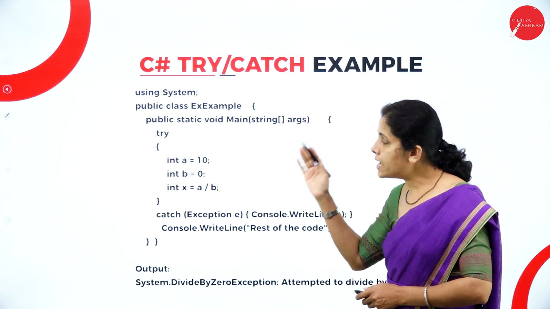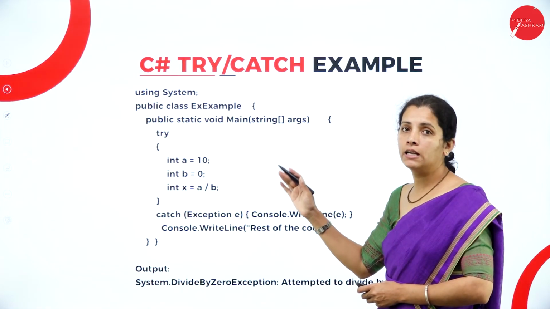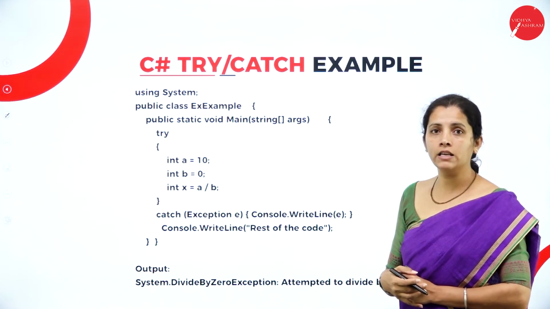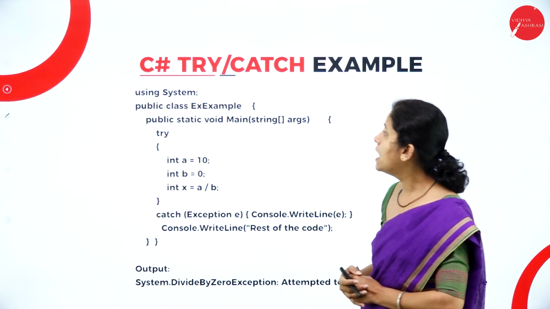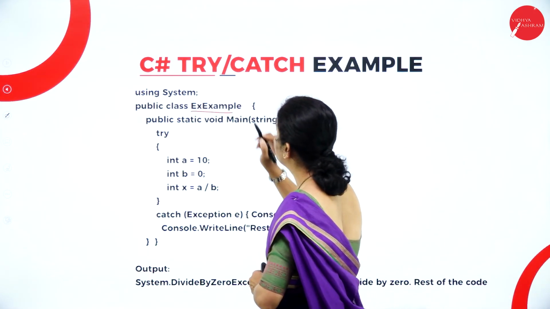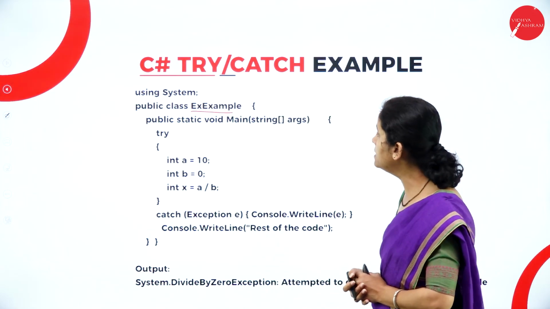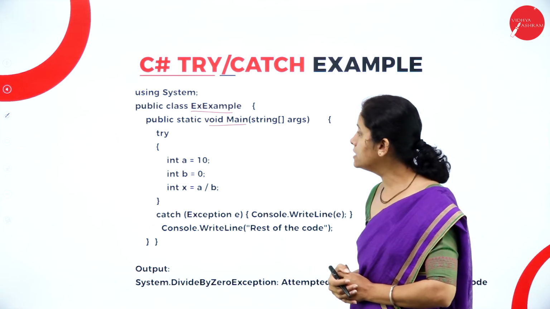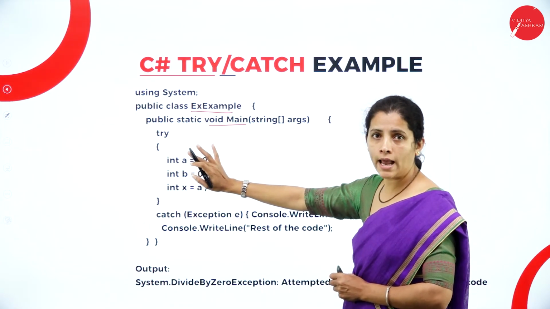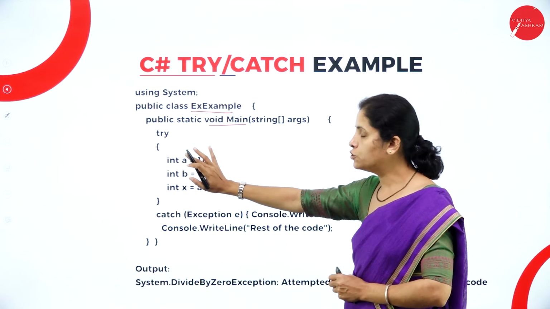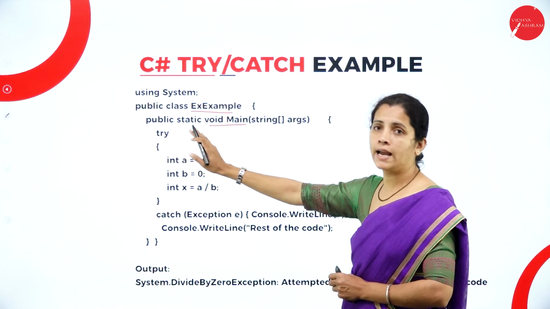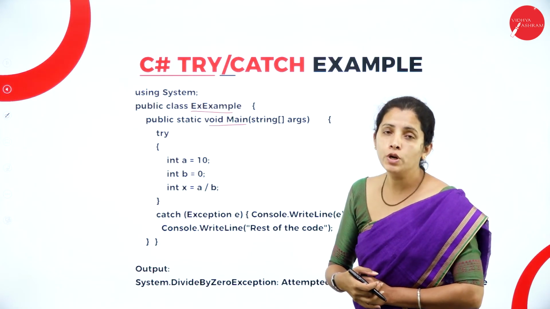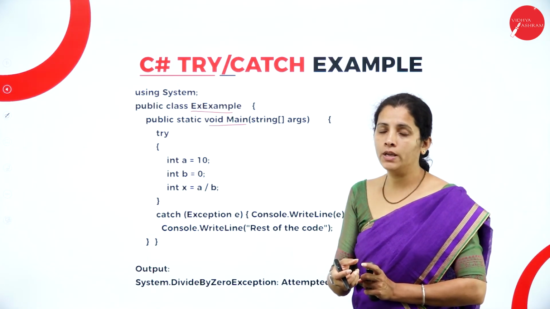Now, the same program can be written in some other way by using try and catch block. See here, I have the same program, EX example, and I have the main method. Inside this, whatever program I want to execute should be written inside the try. I know that this code is going to generate an error.